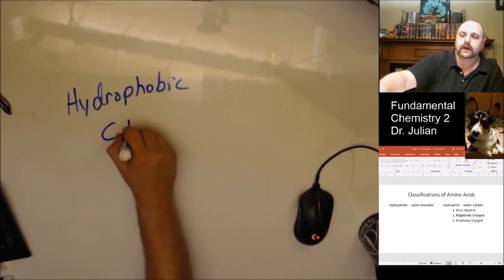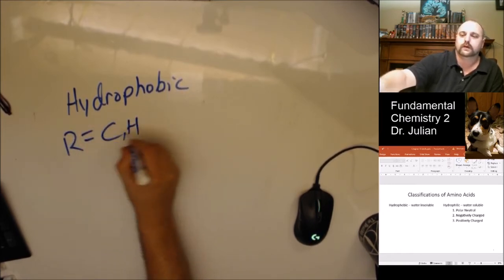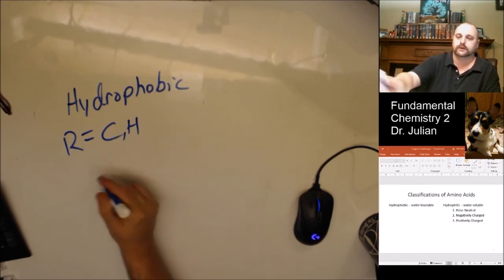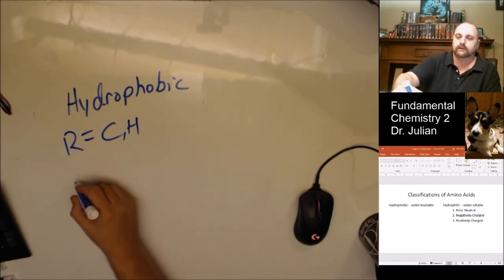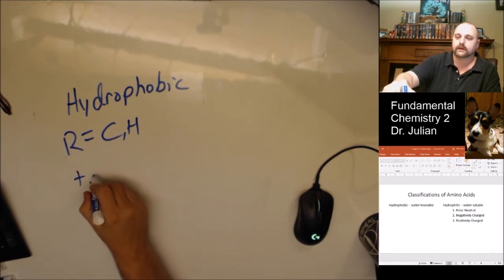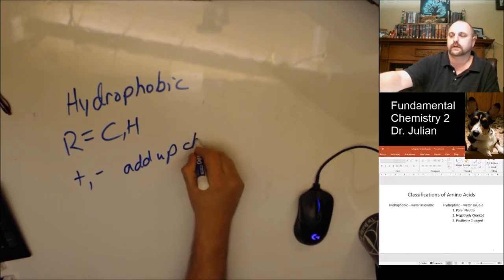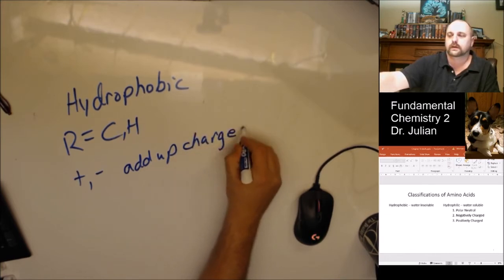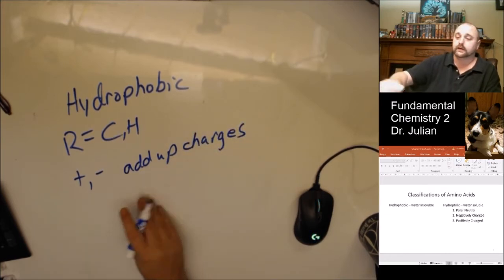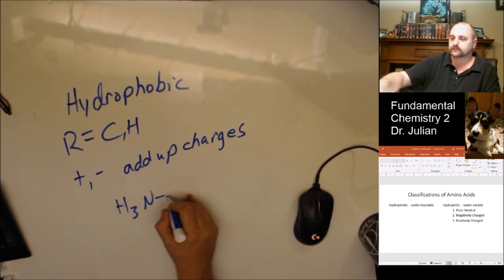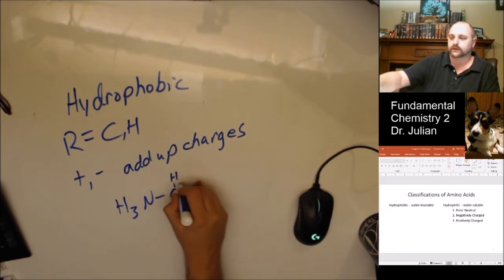R has all carbons and hydrogens, nothing else, no charges. And then if it's positive and negative, you just add up the charges. So if it has a Zwitterion, remember the positive, so our H3N, here's our picture.